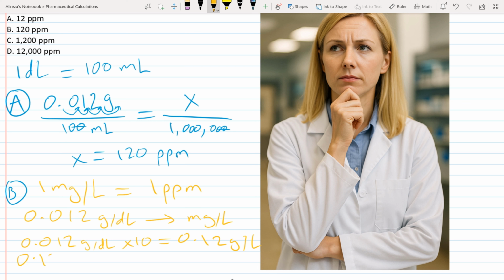So you take 0.12 gram per liter and multiply it by 1,000, because there are 1,000 milligram per gram, and that will give you 120 milligram per liter, which is the same thing as 120 parts per million.